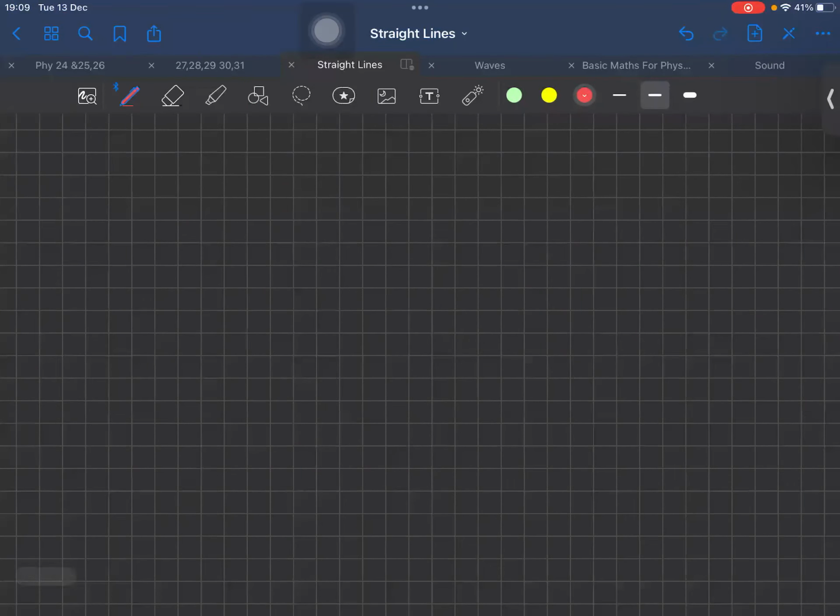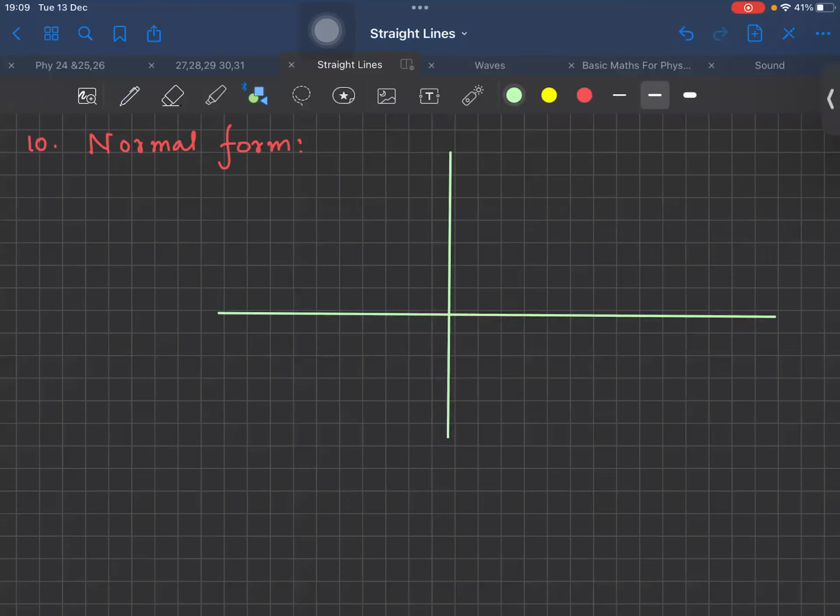Another one we know is the normal form of the equation of a line. So number 10, normal form. See, normal form means the equation of the line is not given, but you are given the normal. Normal means a line perpendicular to the line from the origin.